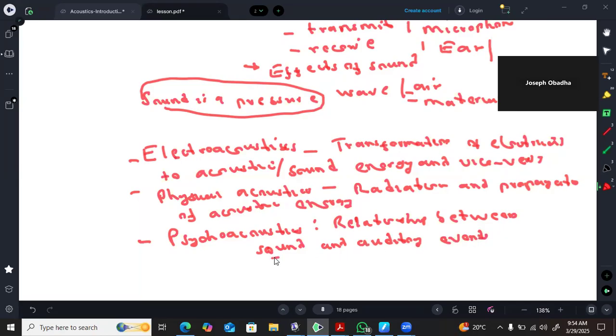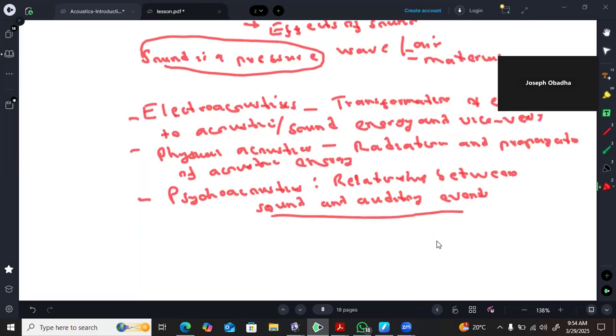Because what it means is that if there is a given sound and this sound is heard, for example, by a human being, then what is its effect? Like the music.